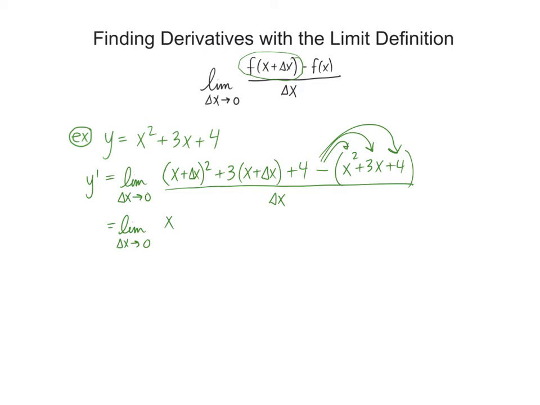When I square x plus delta x, I get what I got a minute ago on the last screen. When I distribute the 3 into the second set of parentheses, I get this. And then I'm just going to go ahead and distribute the negative into the last set of parentheses, which will look like this.